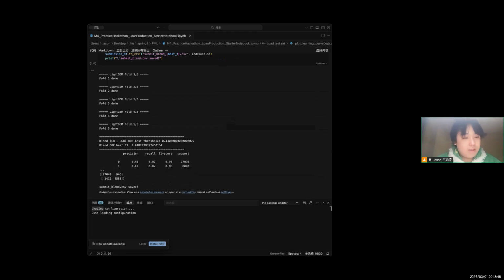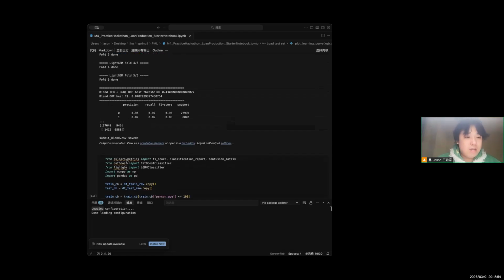This produces a more stable estimate of generalization performance and reduces evaluation bias. These steps reflect an important principle: model performance should be validated statistically, not just observed once.